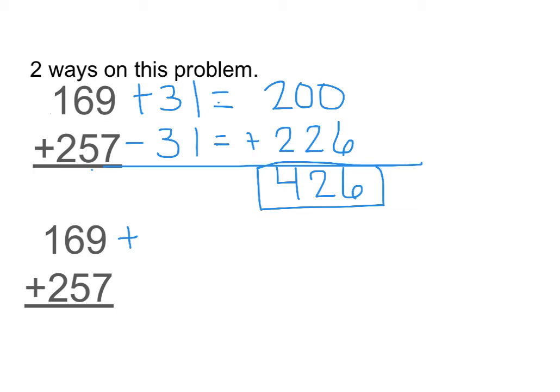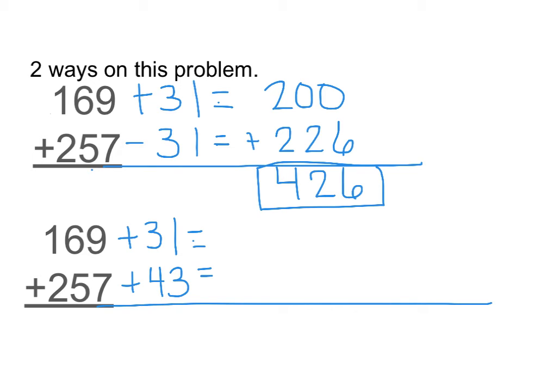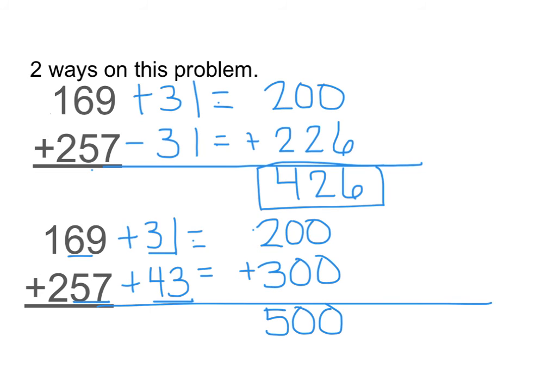This one, I'm going to do what I did on the last slide. I'm going to take both numbers to the next 100. So 69's partner is 31. 57's partner is 43. So that's going to go to 200. This will go to 300. So I get 500. But again, on this problem, I just added the partners.